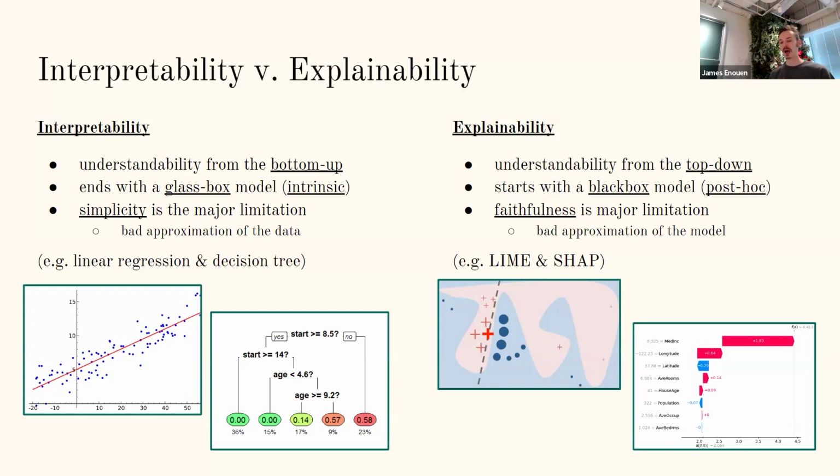You have your more complex model and your simple explanation, but it doesn't recover what the model is doing. So there are these conflicting objectives as well as two different gaps: the gap between the model and the data on the interpretability side, and the gap between the explanation and the model on the explainability side.